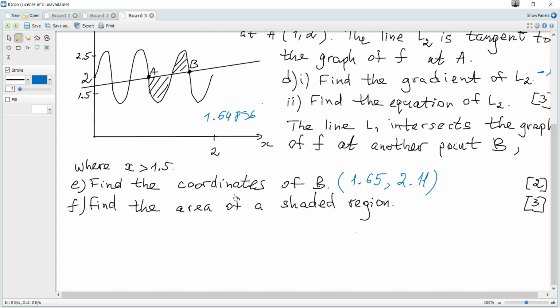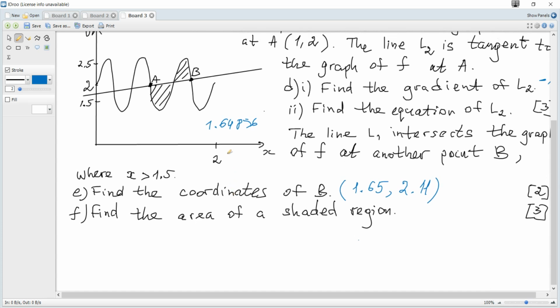Here the absolute value is required, or another method: integrate separately from a to this point and then from this to this and add them by magnitudes.